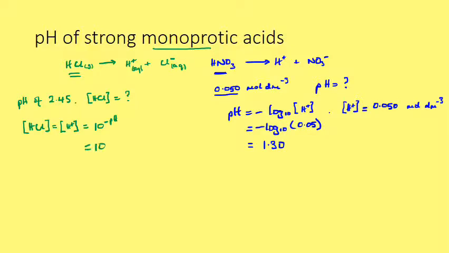So let's just feed in our pH, which we've been given in the question as 2.45, and then we put that little sum into the calculator, and that's going to come out at 3.55 times 10 to the minus 3. Let's not forget the units, moles per decimeter cubed. Done.